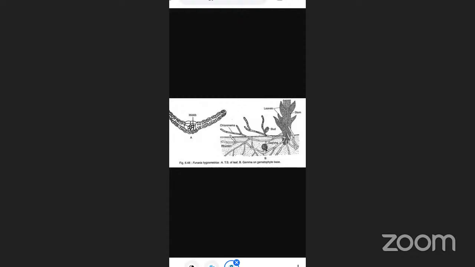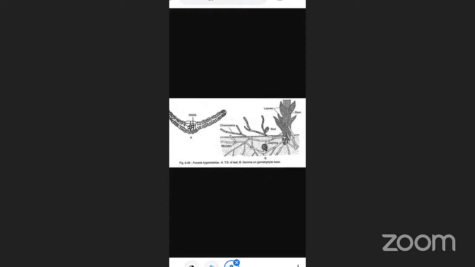Here the stem is branched monopodially. Dichotomously means each branch again divides into two, but monopodially means only one branch will arise.